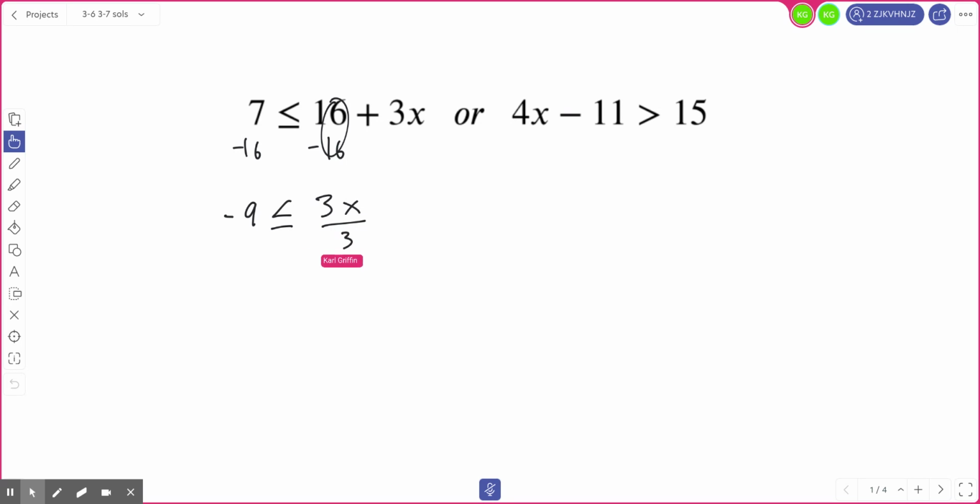So then we divide by 3, divide by 3. That cancels out, and we're left with negative 9 divided by 3 is negative 3 is less than or equal to x.